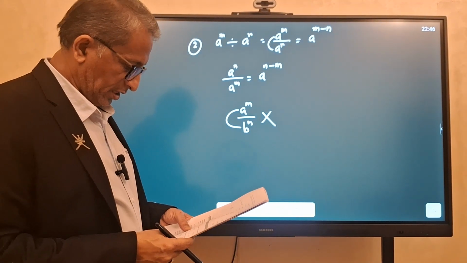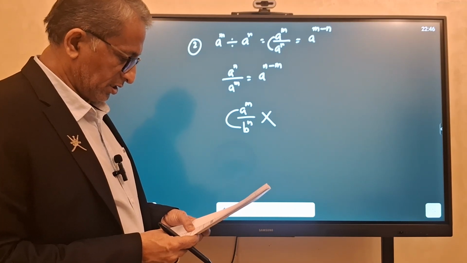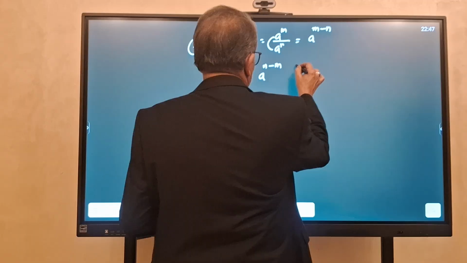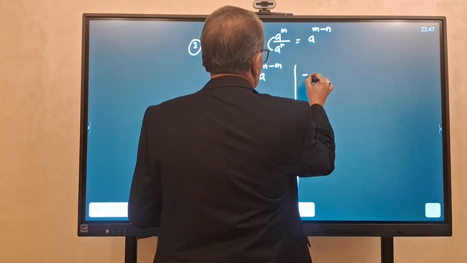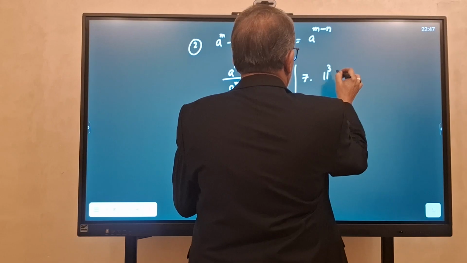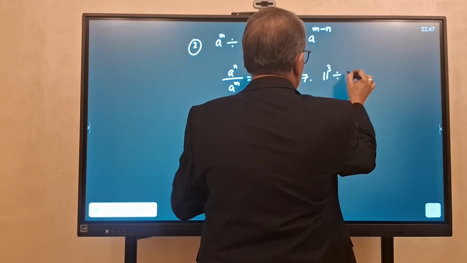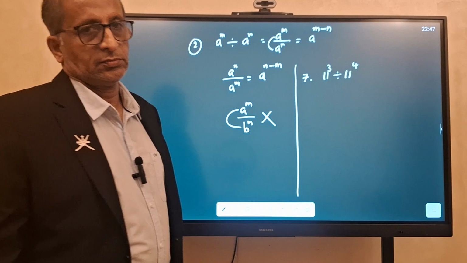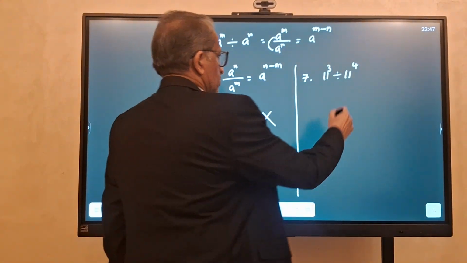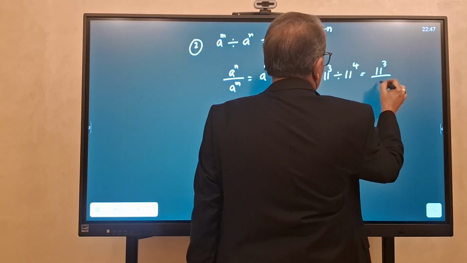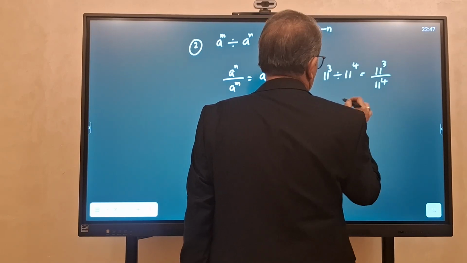Let me take an example from section 2.1, number 7: 11^3 divided by 11^4. So this is 11^3 by 11^4.